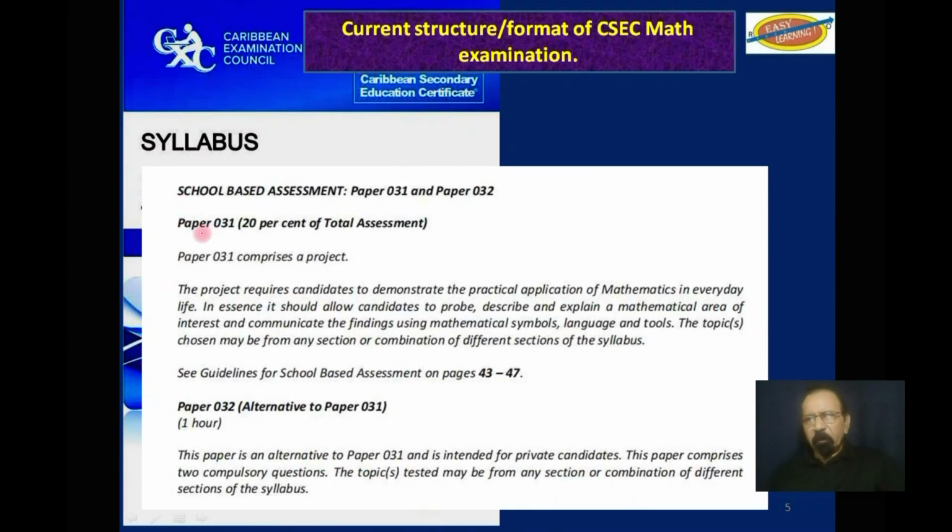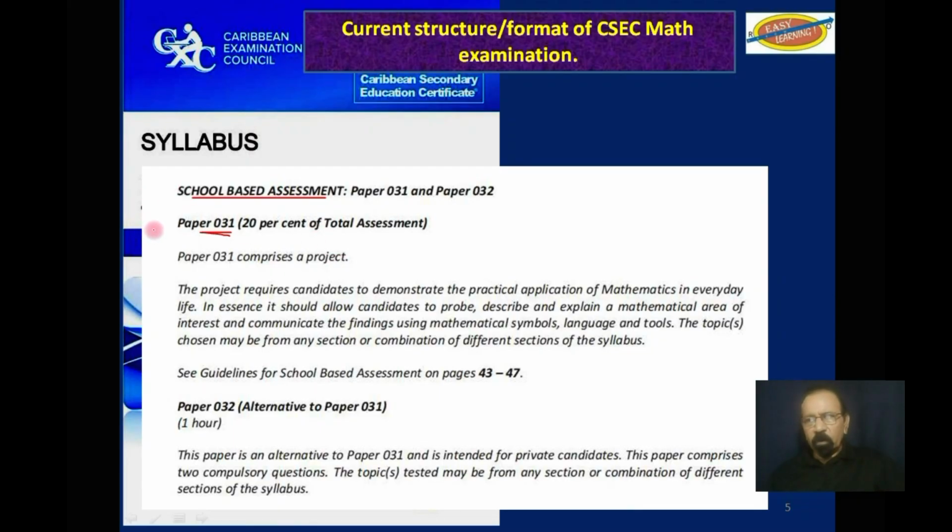Additionally, there is a paper 3, 031, which is called the school-based assessment if you are a student in school, where your teacher would ask you to do certain projects. You will collect data from those projects and then do an assessment on the data.